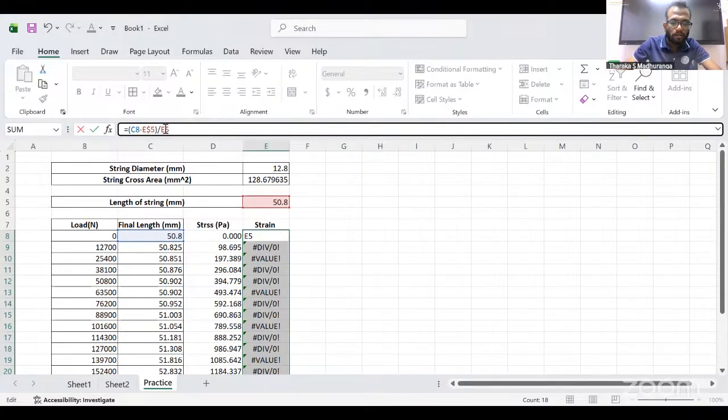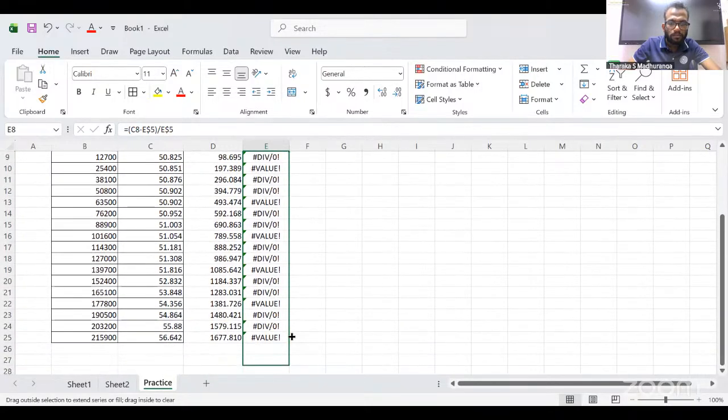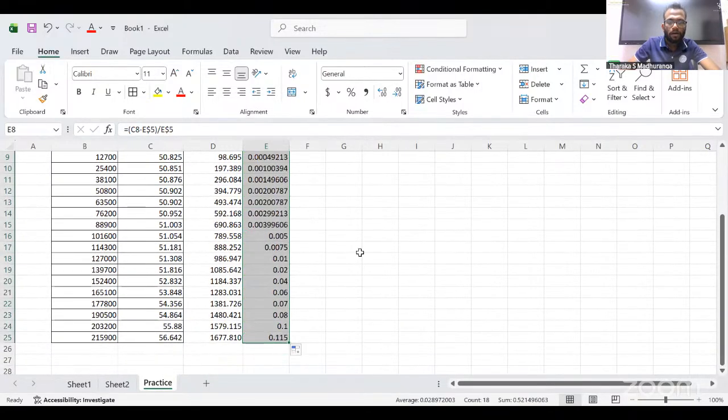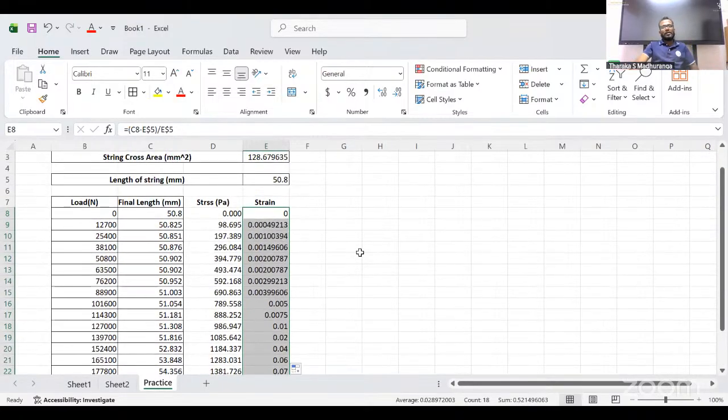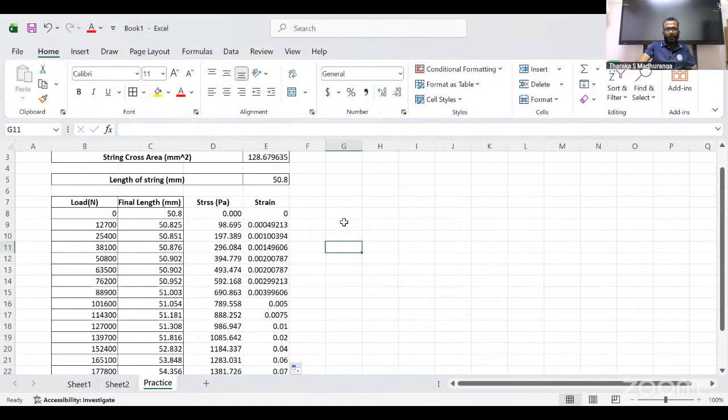And again a dollar mark. Now enter. And now autofill. They are the strain values. Clear?